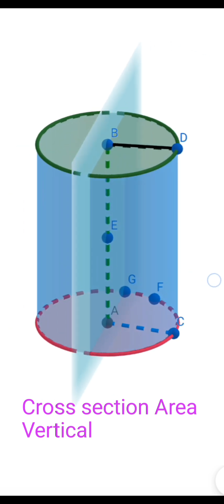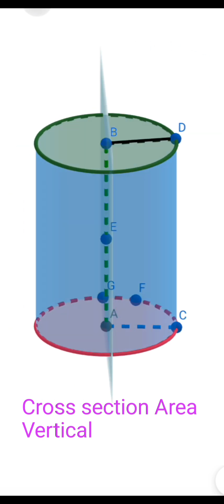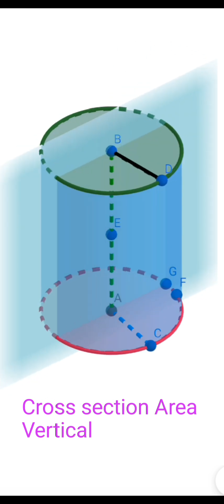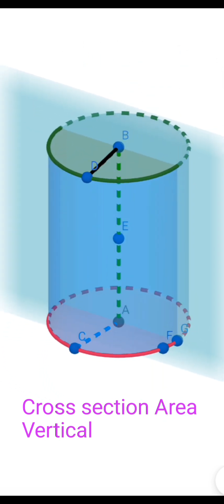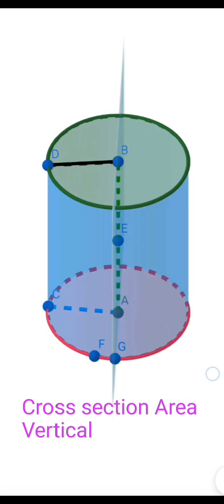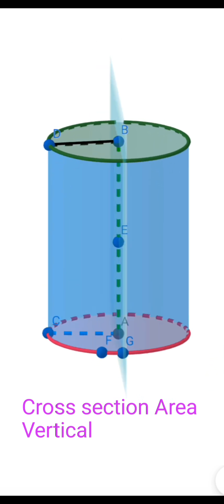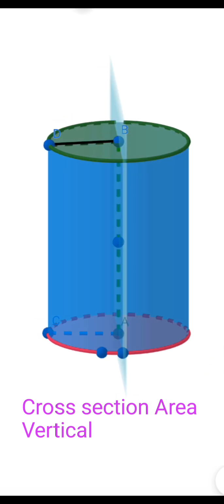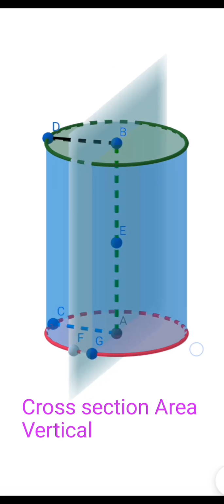Here you can see we have cut through the center, so the dimensions of this rectangle would be: length would be the diameter of the circle and the breadth would be the height of the cylinder.